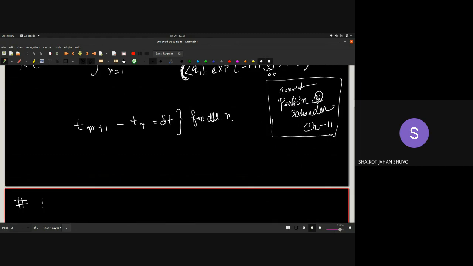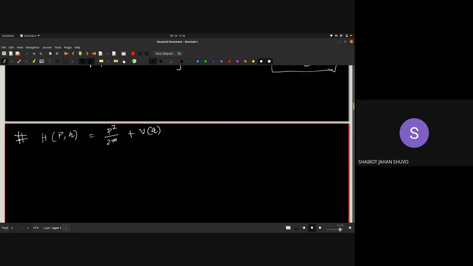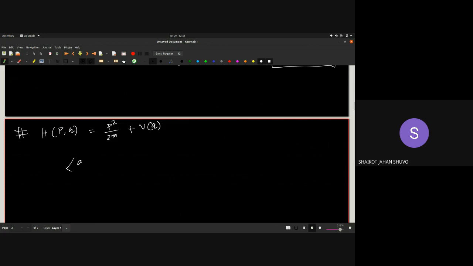So first of all, note that the Hamiltonian is coming in terms of the operators p and q, right? Because for a single particle Hamiltonian, we have p squared by 2m plus V of q, with some well-defined potential. So the first thing that comes to your mind is, can we do something like this?